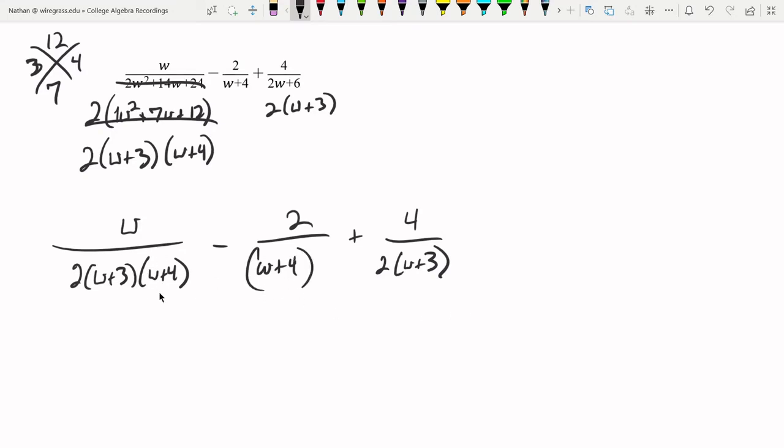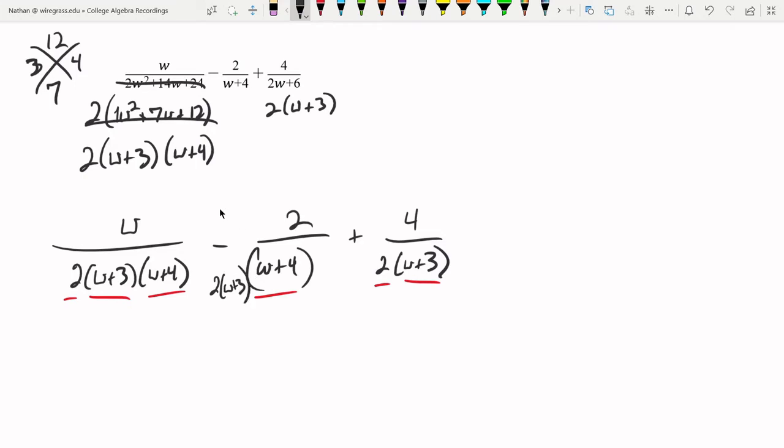Well, this one has a w plus 4 as well, right? This one has a 2. That one also has a 2. And this one has a w plus 3. Well, that one also has a w plus 3. So this first fraction doesn't need anything. The second fraction only has a w plus 4, which means it needs a 2 times w plus 3.